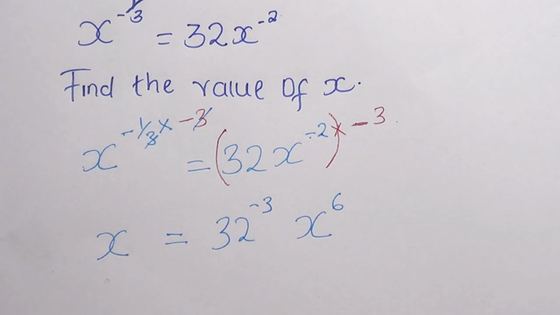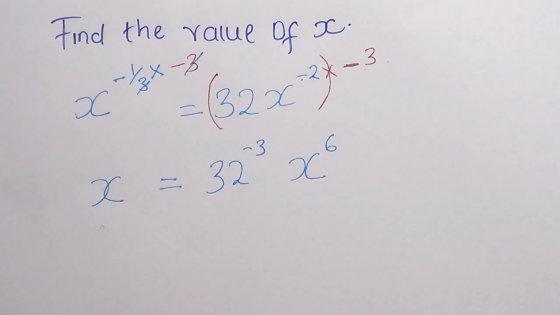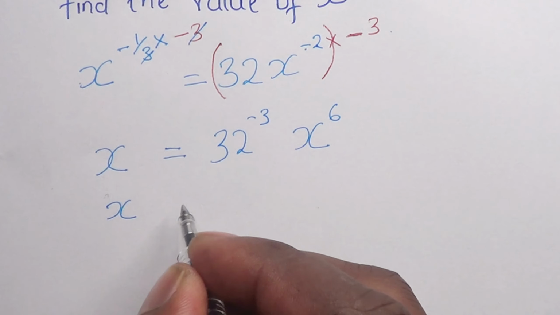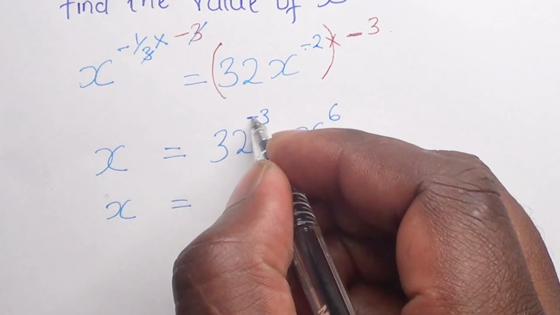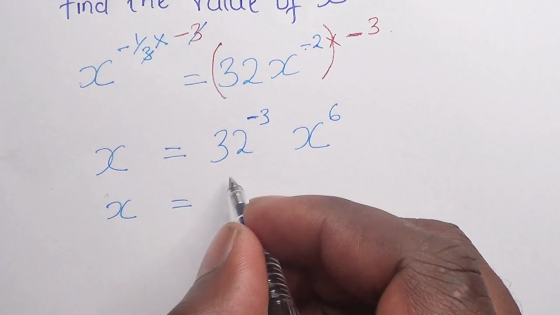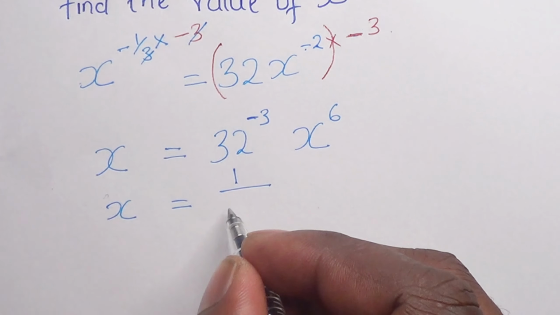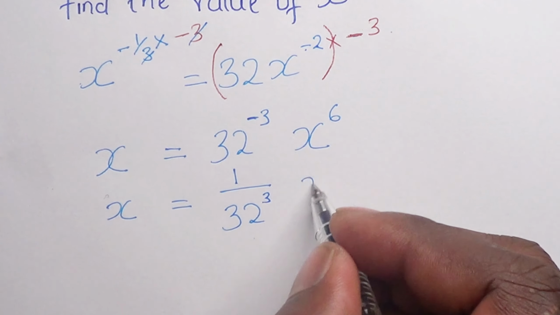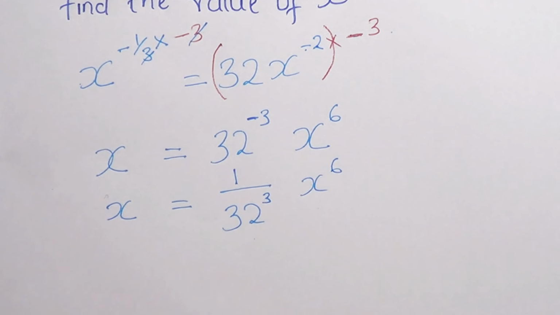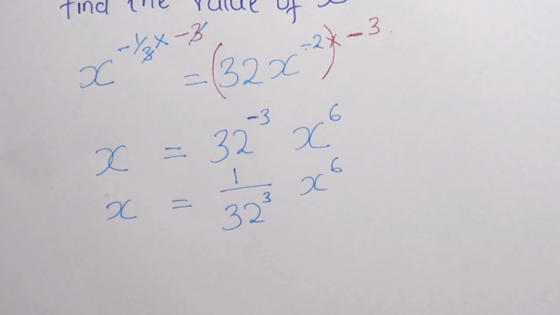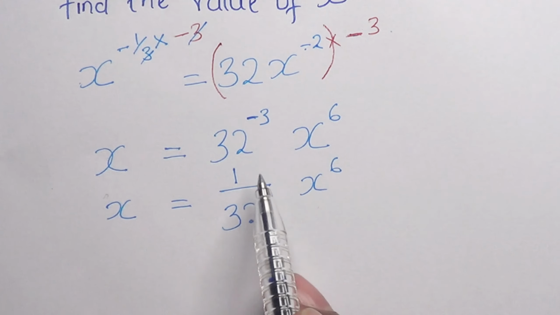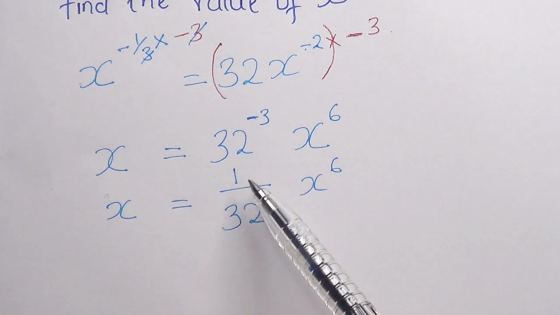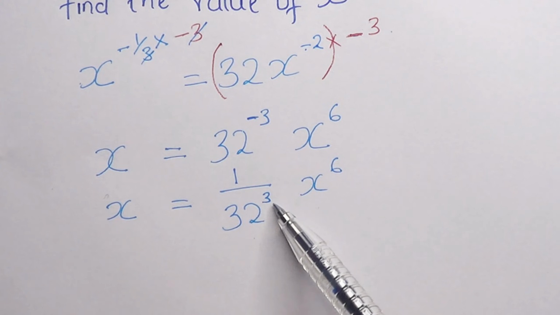So from there is something I need you to see. That is now x equals, remember we have a negative here. This negative means it will be 1 over 32 to the power 3, times x to the power 6. To remove this negative it becomes 1 over 32 to the power 3.